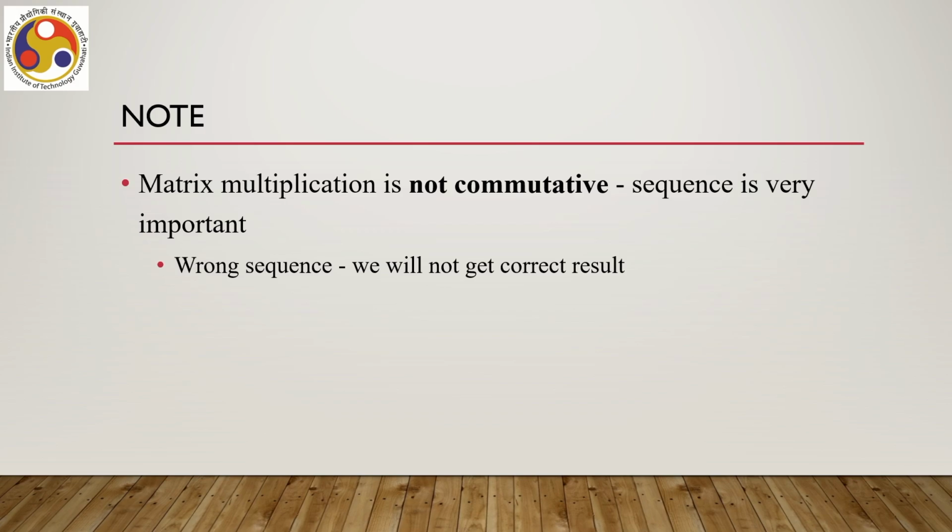One thing we should note here is that matrix multiplication is not commutative and the sequence is very important. If we are unable to formulate the sequence in the proper order, like right to left as we have discussed previously, then it may lead to an incorrect result. So, the order in which we put the transformations before multiplying them is very important.